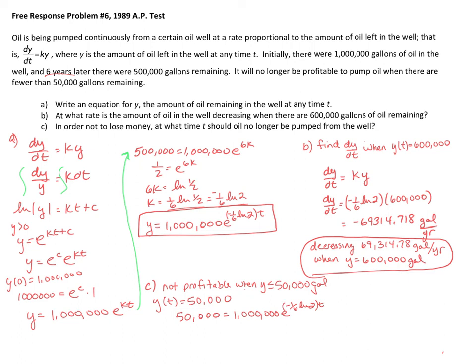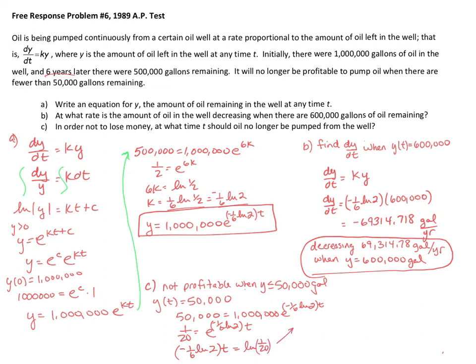Then 50,000 over 1 million is 1/20, which equals e to the negative 1/6 ln of 2 times t. So we know negative 1/6 ln of 2 times t is going to equal the ln of 1/20.